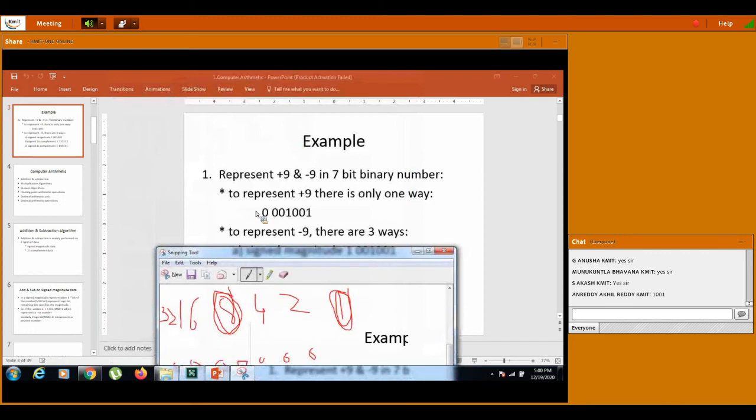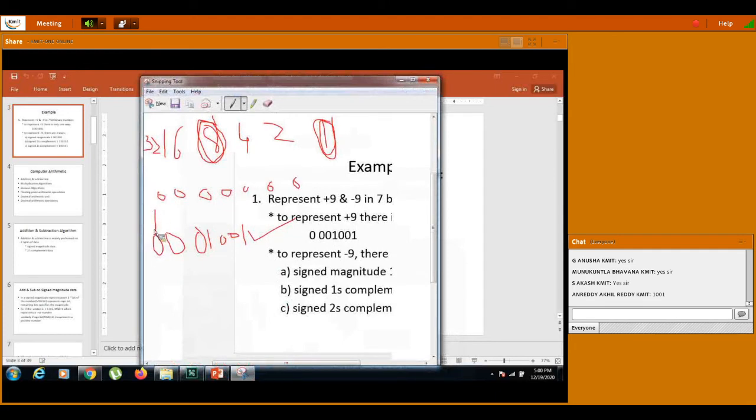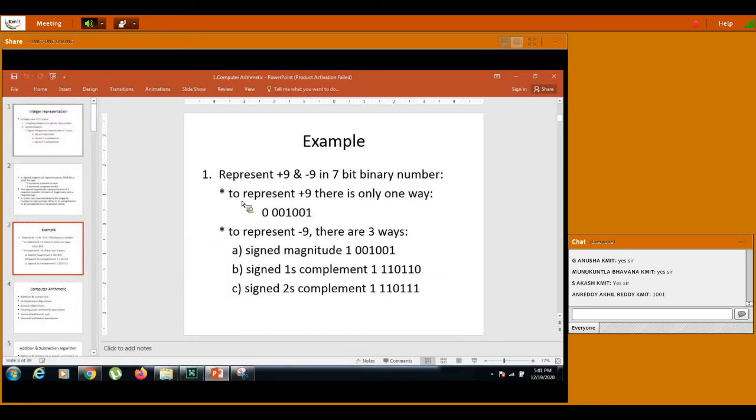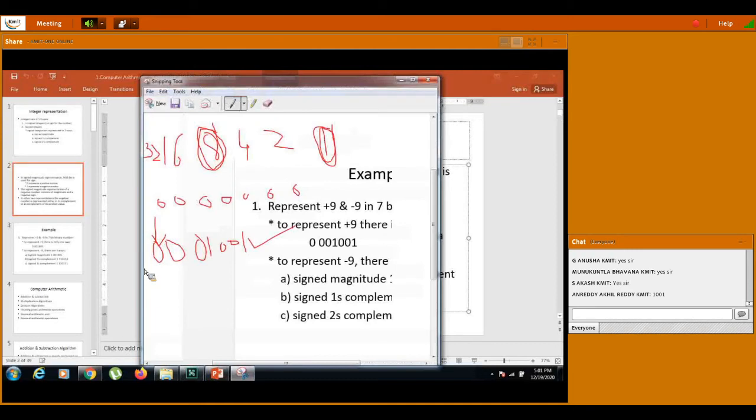You can see here, now what is the most significant bit? It is 0. According to this, 0 represents a positive number. So if you have 0 here, it is a positive number.